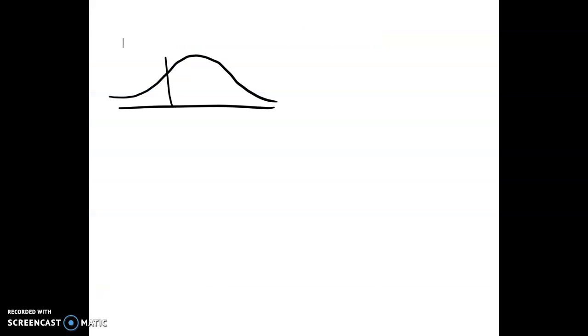Okay, the confidence level always goes in the middle of a normal distribution. So I'm going to put that 0.93 right in the middle. Now I need to find the value on either side here. So this side together with this side, I'm going to call that area alpha.